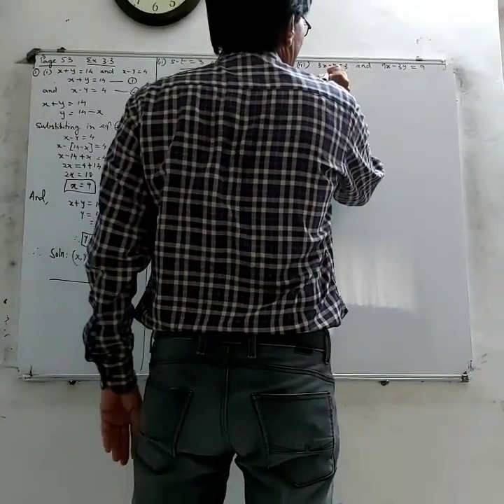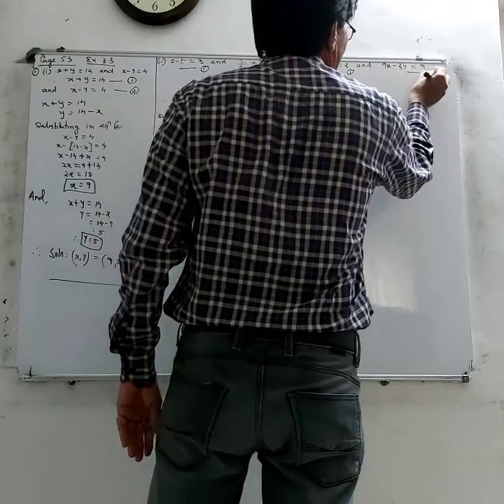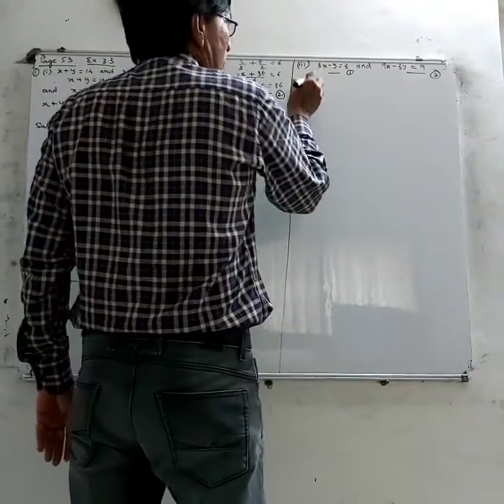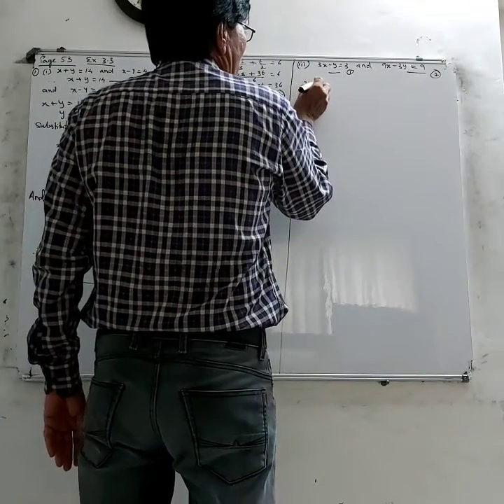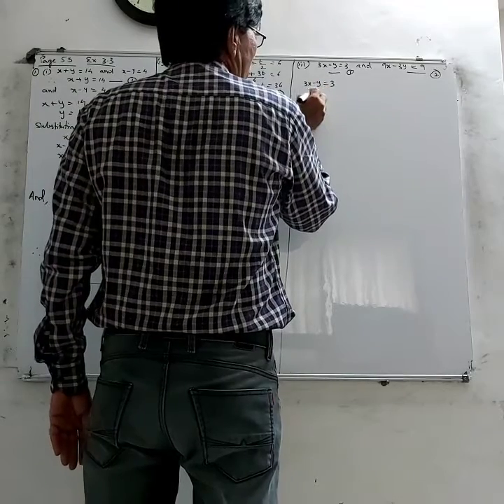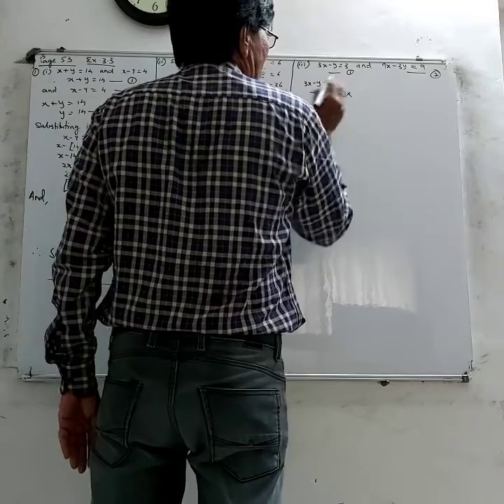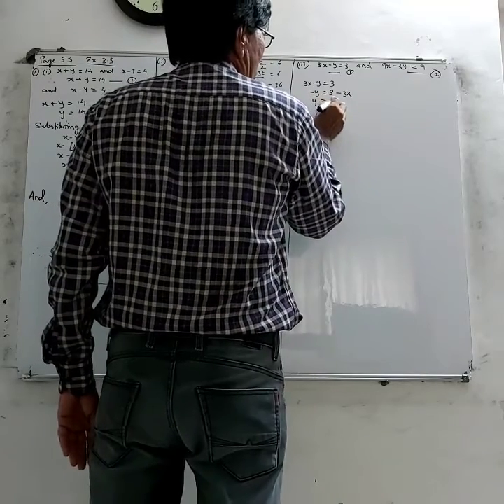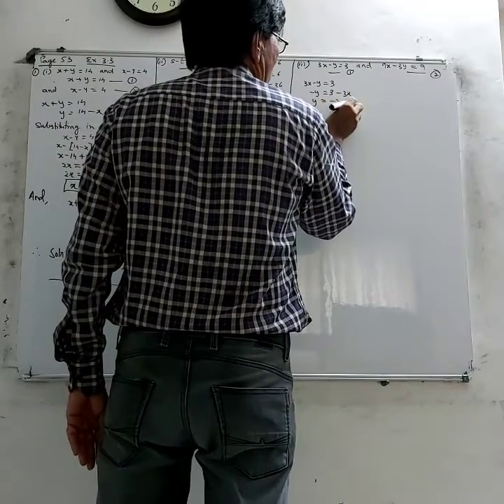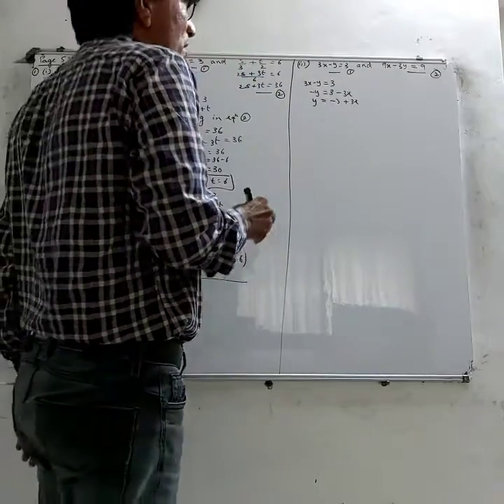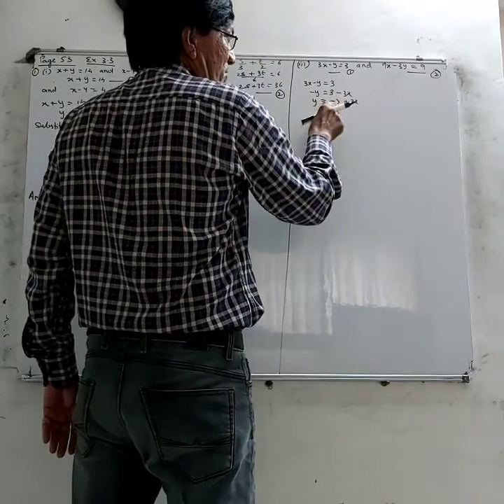This is equation number 1. This is equation number 2. Alright, so 3x minus y is equal to 3, minus y is equal to 3 minus 3x, y is equal to minus 3 plus 3x. Change the sign. I'll change the sign. See?